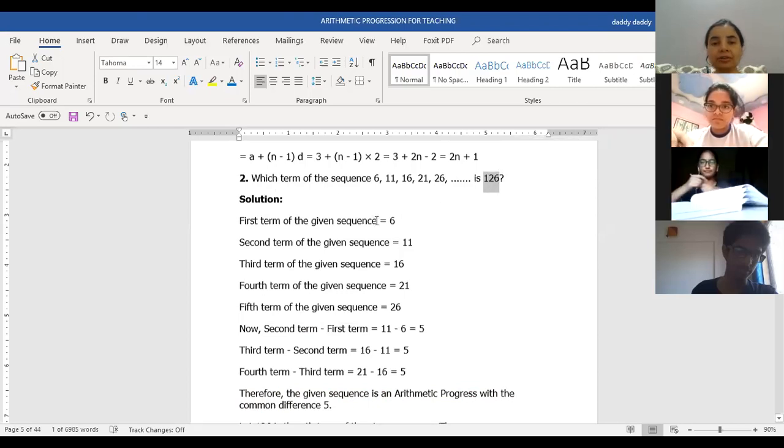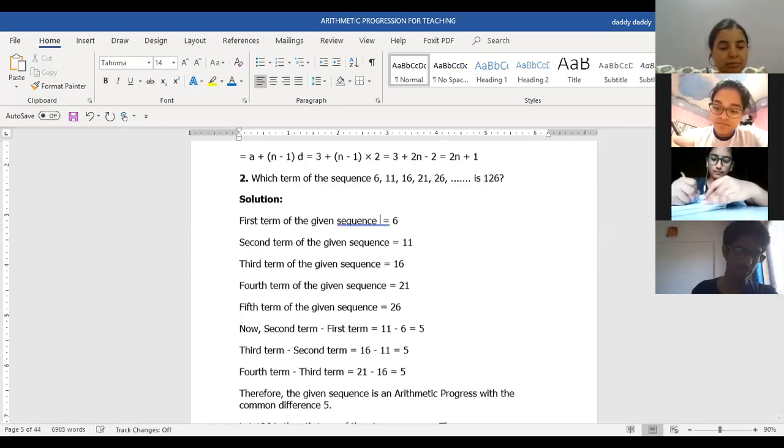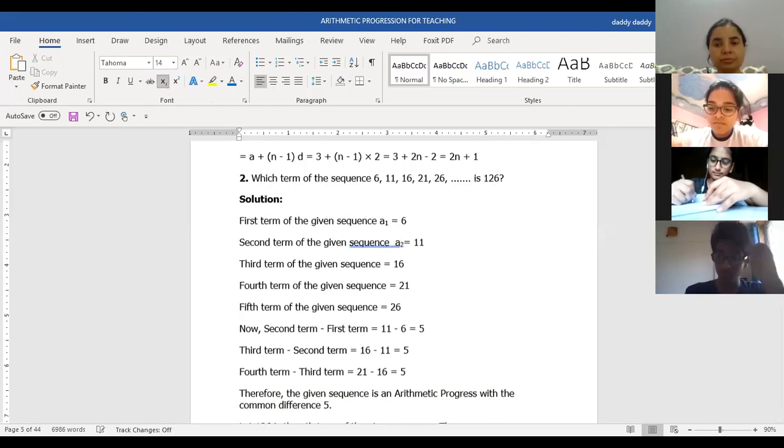So you have again written first term is 6, second term is 11, third term is this. Instead of writing this, you can simply write A1, A2, A3. Like that you can write.